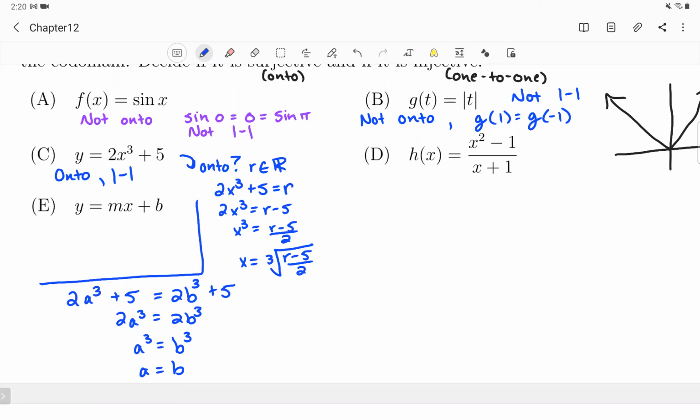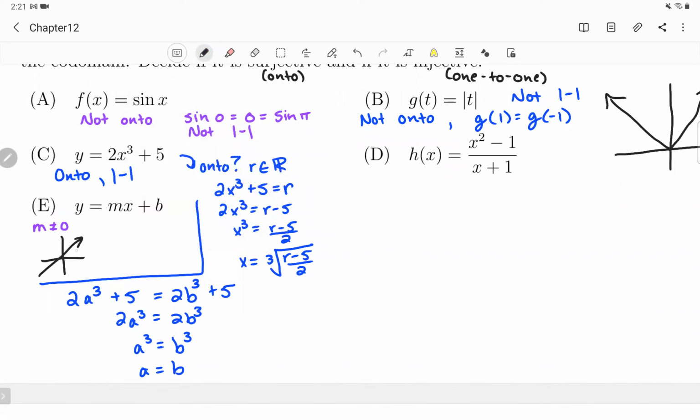While we're over here, why don't we just do E? I said we don't need much space for E. What does the graph of E look like? It's just a straight line. So as long as m does not equal 0, as long as my slope's not 0, is it going to cover all the real numbers? Oh, I heard both answers. So what's the graph of a line look like?